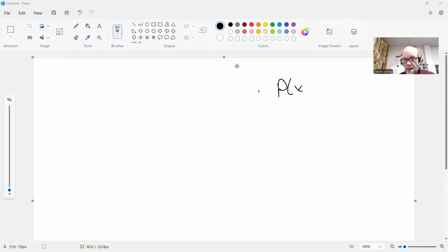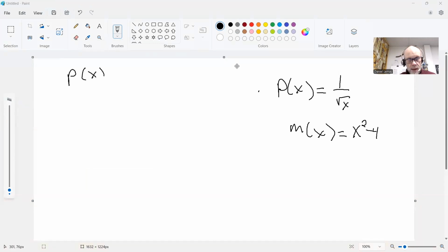P of X is 1 over the square root of X, and M of X is X squared minus 4. They're asking us to find the domain of P of X divided by M of X.